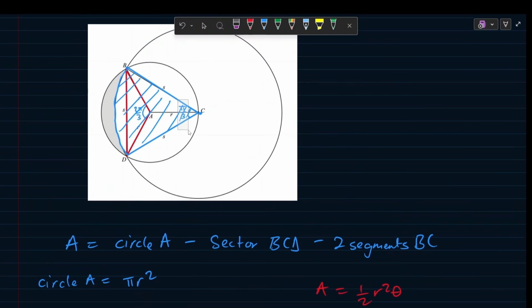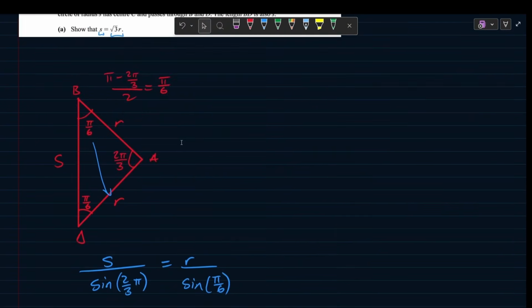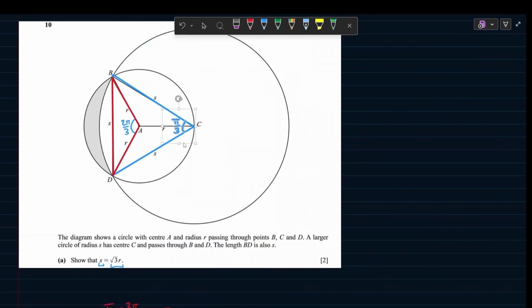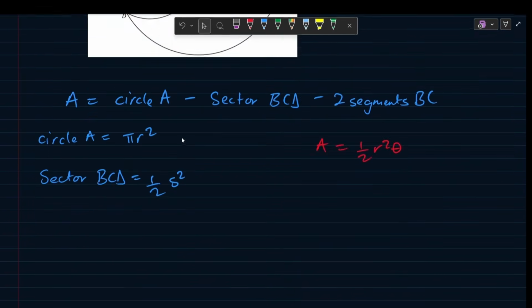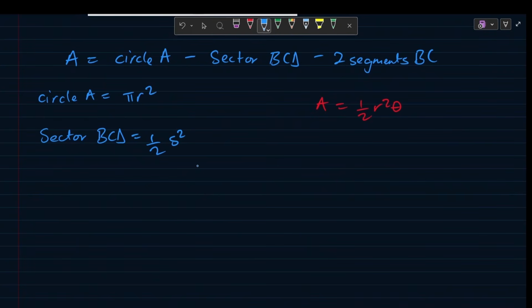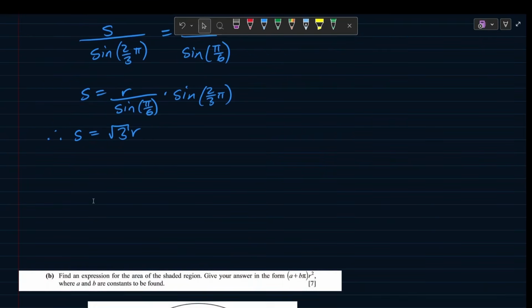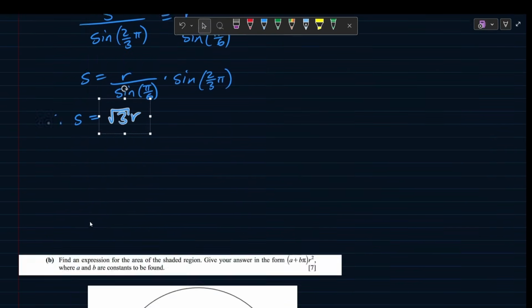What's the angle inside that sector, inside that pizza slice? That's your pi over 3, which we deduced in part A. So that's half s squared times pi over 3. And then we know that s from part A is just root 3r.